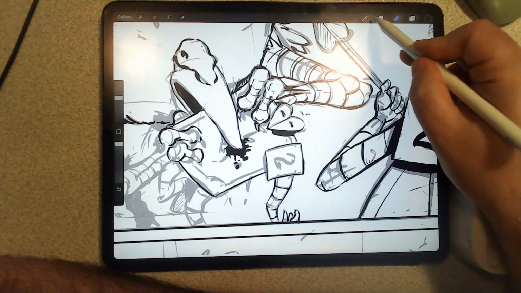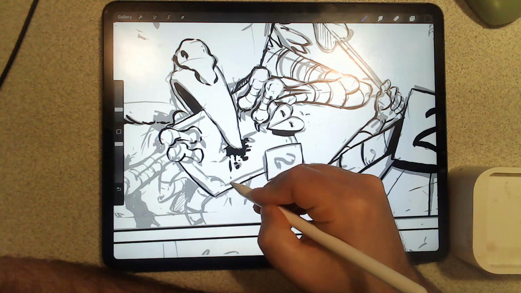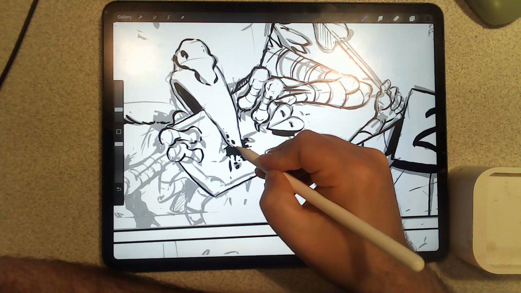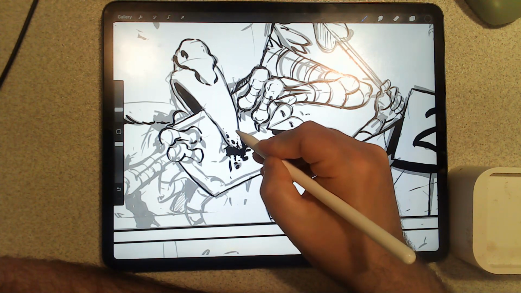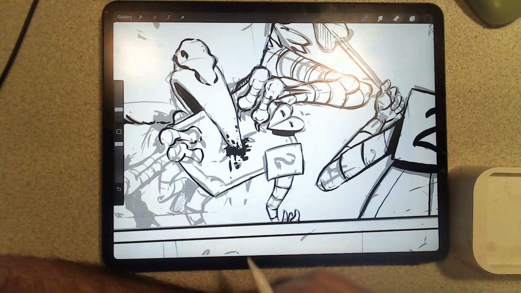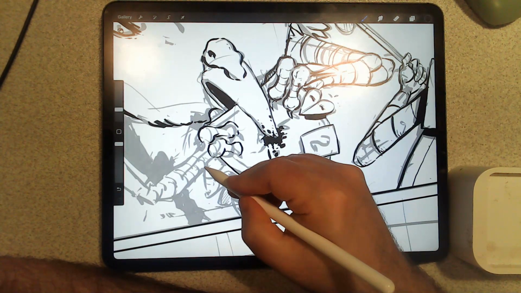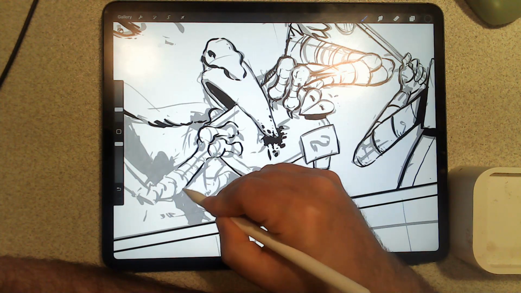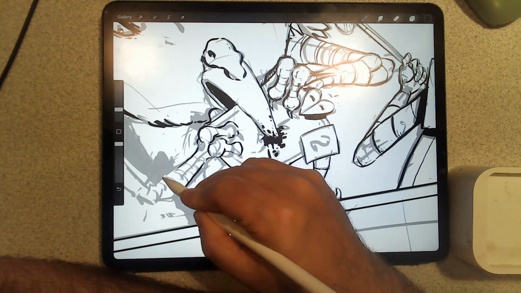I wanted to put that line in there. I didn't even use this flaming breath against these guys. Maybe we'll do that on the next page.